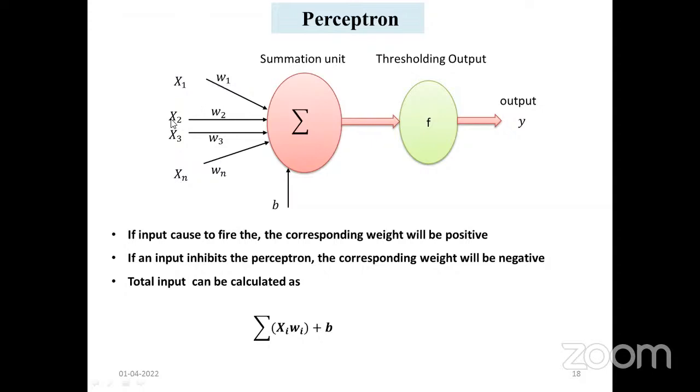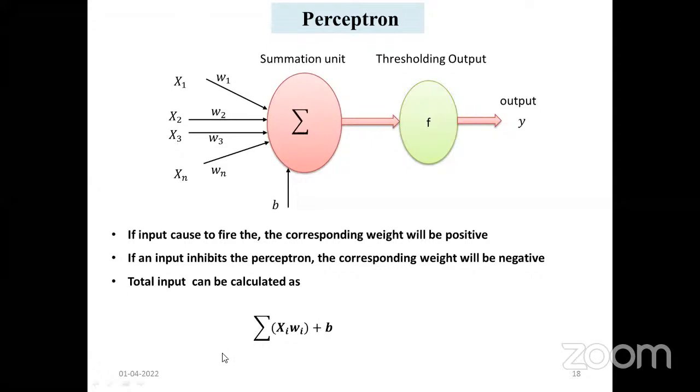If some inputs are in favor of the output, then the weight will be positive. So weights can be negative and also positive here. And as you have seen, if some input has more impact, then the positive value will be higher; if less, the positive value becomes lower. Finally, the total input can be calculated like that: the summation over i equals 1 to n, and then plus the bias. This is the whole input.